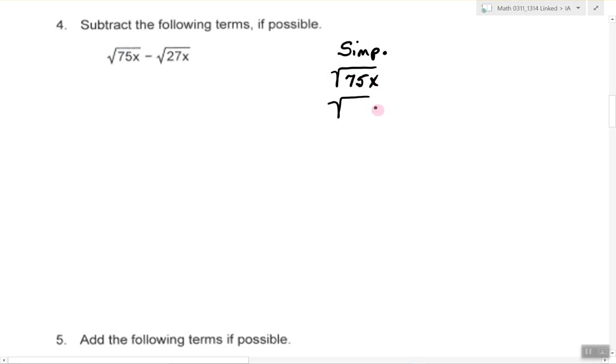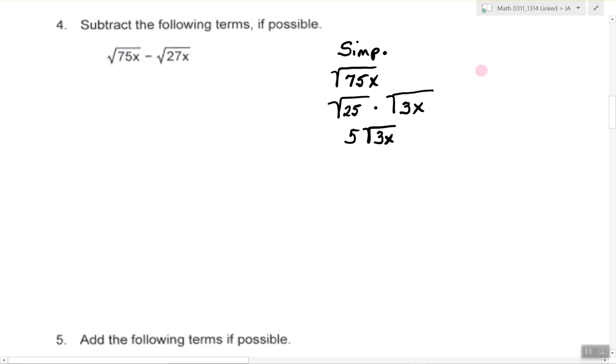Well, can I simplify that? 75, is there a perfect square that goes into 75? The answer is yes, it's 25 times 3. X is not a perfect square, but nor can it be broken up, so it will stay over here in the non-perfect square radical. That gives me 5 times the square root of 3x.